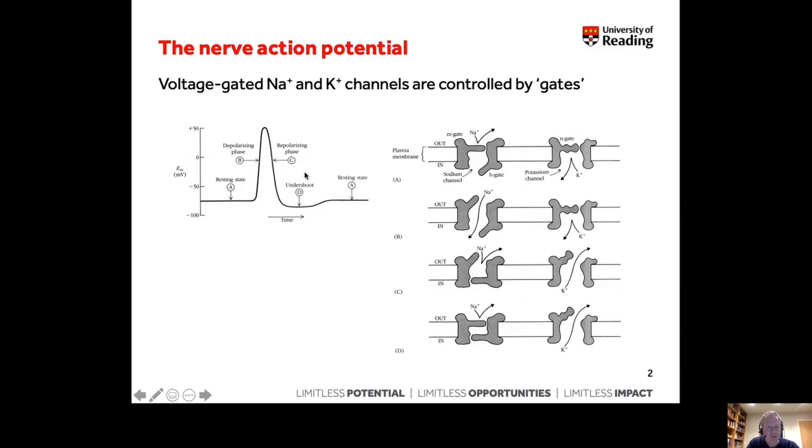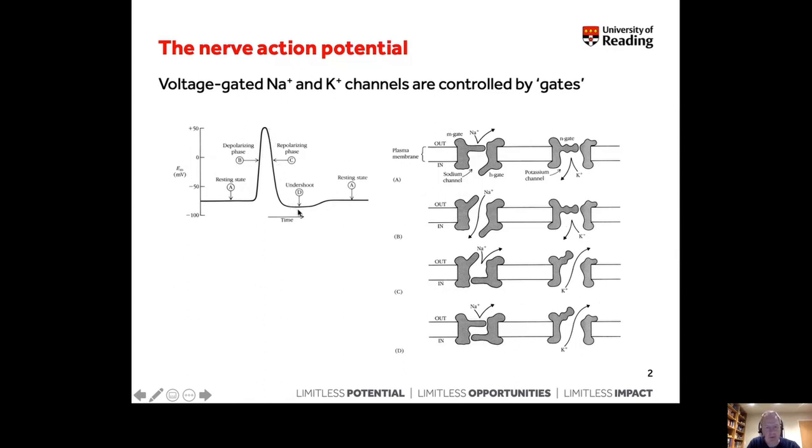What happens during this repolarizing, or sometimes called hyperpolarizing, phase in C is that the sodium channel shuts and the potassium channel opens. So now lots and lots of positive charge is actually leaving the cell. So we go from this positive value up here back down towards this negative value.